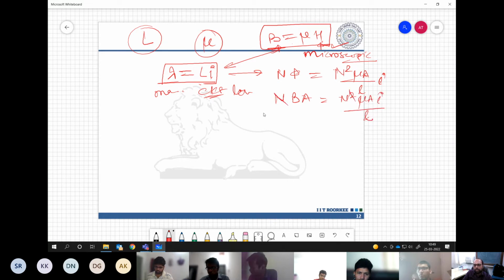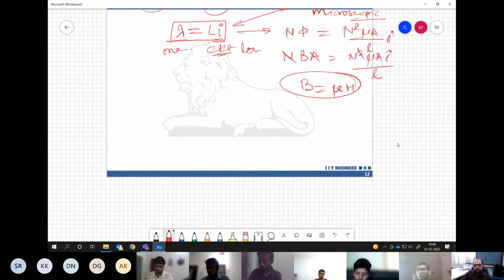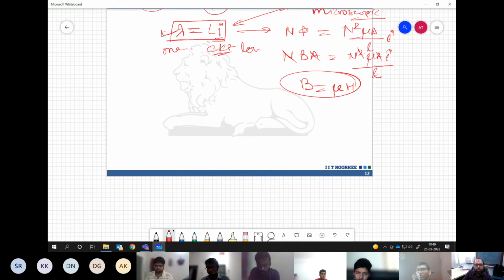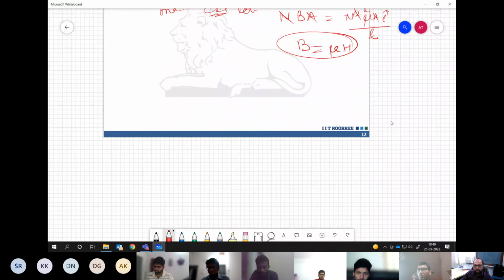So if you just shuffle all these things, you will find that Ni by l is basically your H. So these two are the same equation. So whenever I'm talking about this BH graph or the BH curve, that is also relating the excitation and the flux linkage.